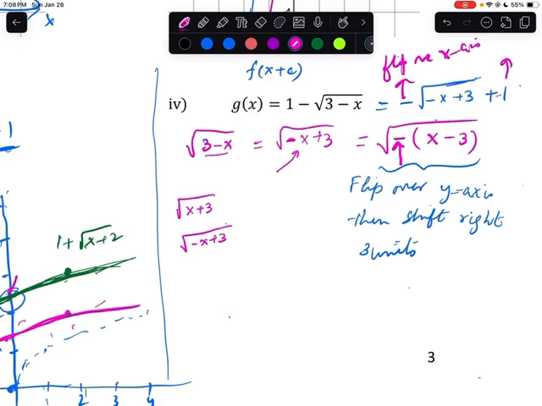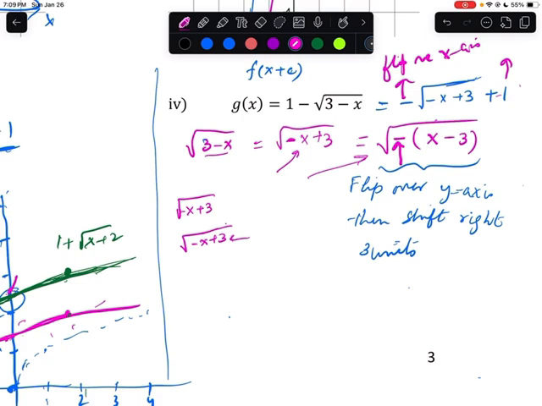Otherwise, there are two ways to do it. Either you do it this way that I have shown, or you have to understand that when we have a plus sign with x, or no sign in front of x, meaning a plus sign, and we add a number, that will mean shift to the left, and if we subtract a number, that will mean shift to the right.